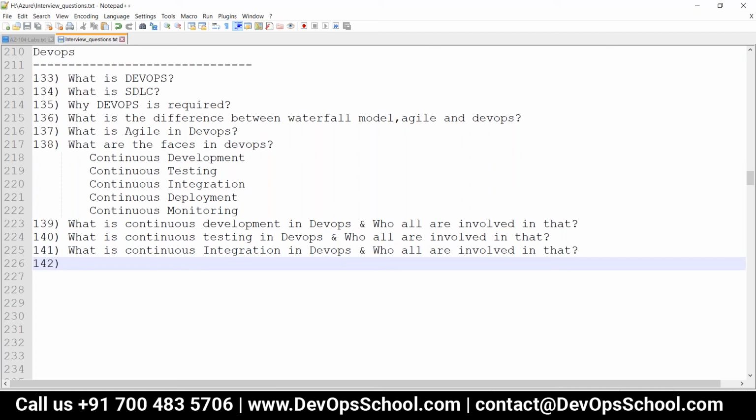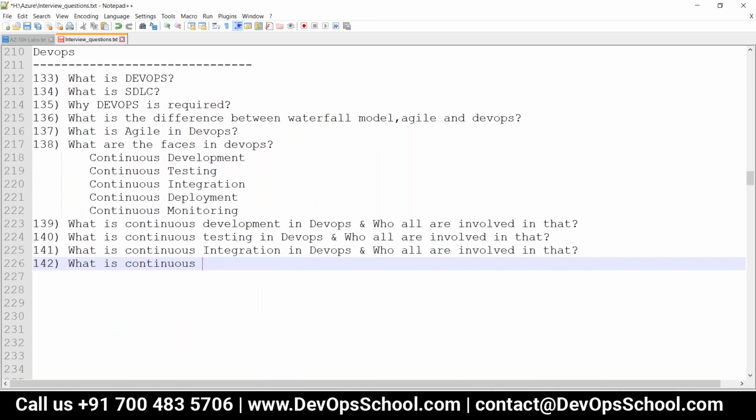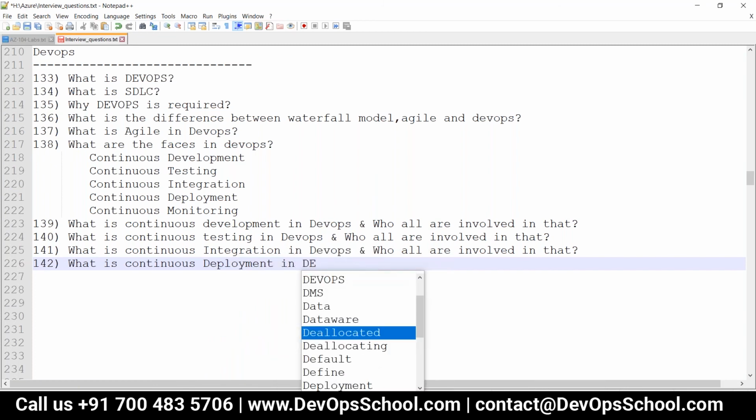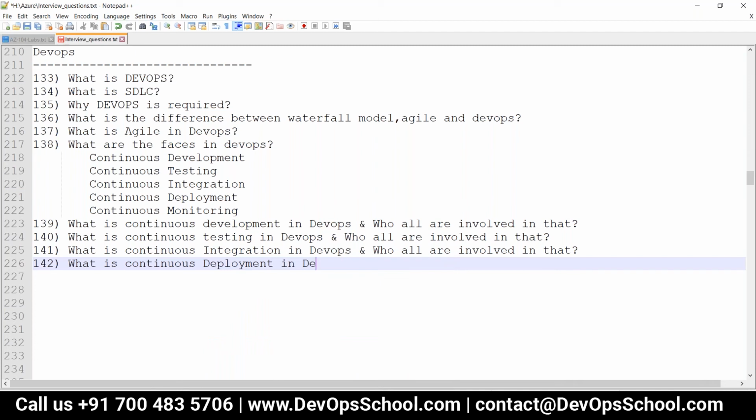Next, 142. What is continuous deployment? In continuous monitoring, basically which team is involved? Operations or support team. Good.